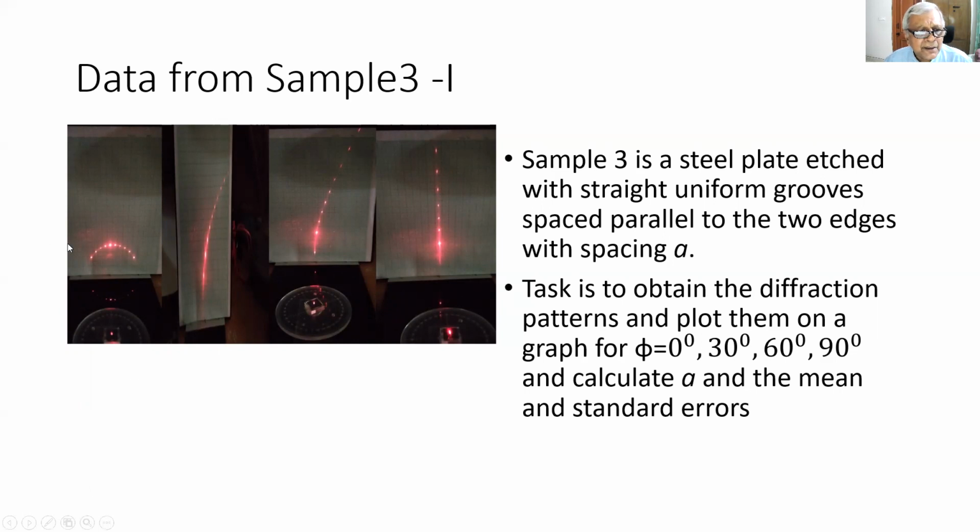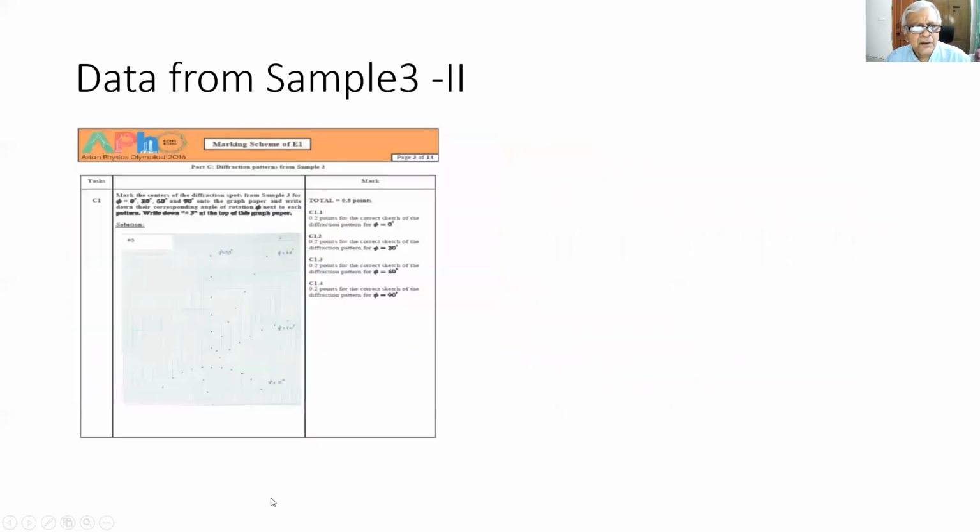Now you can see that the pattern of the graphs is exactly like those in sample 2, except that right now we do not see a continuous kind of graph. What we see are bright spots out here. This is for phi equal to 90 degrees, 60 degrees, 30 degrees, and phi equal to 0. These are plotted on a graph.